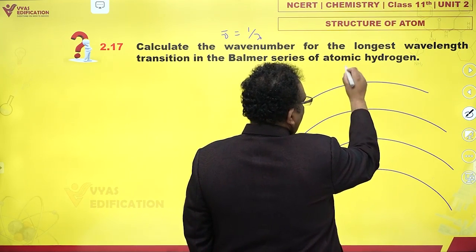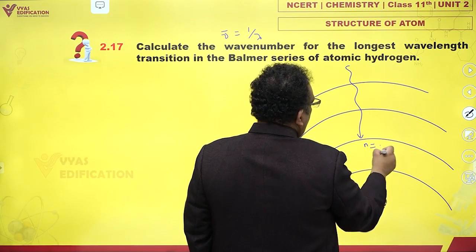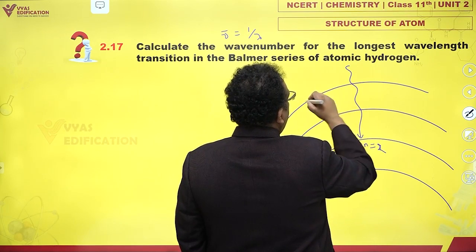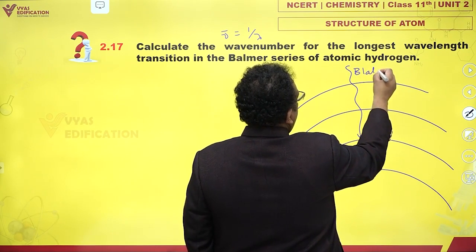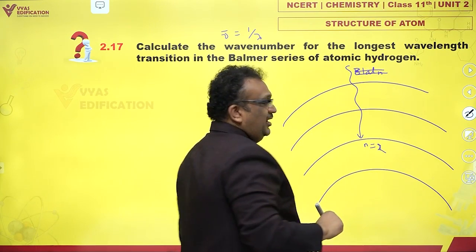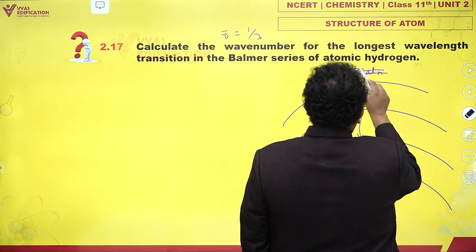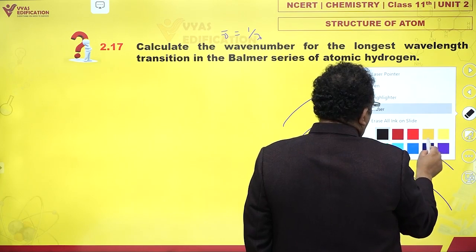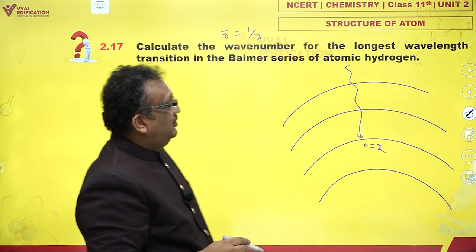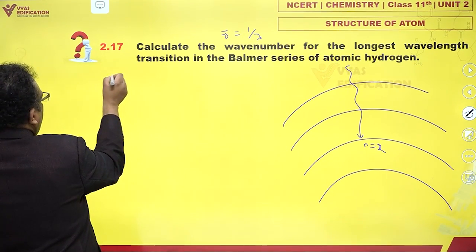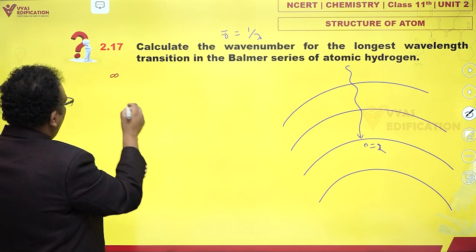From anywhere, if the electron jumps to n is equal to 2, then we say that the collection of all such photons would collectively be called Balmer series. I repeat. From infinity is very big, fine.